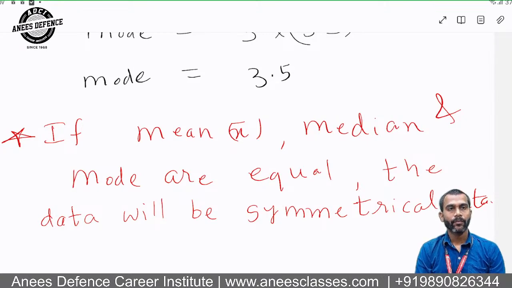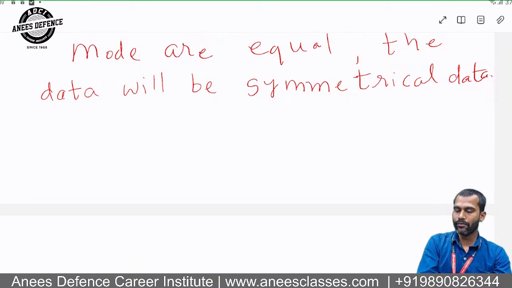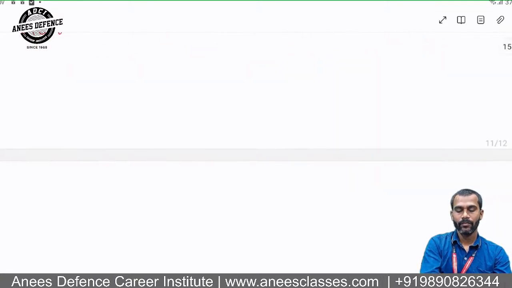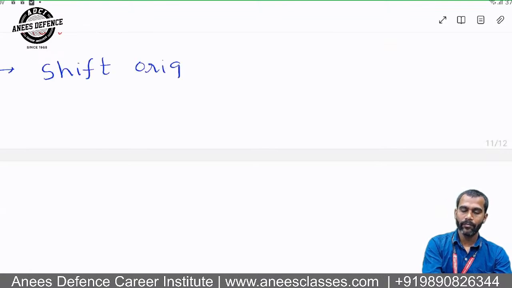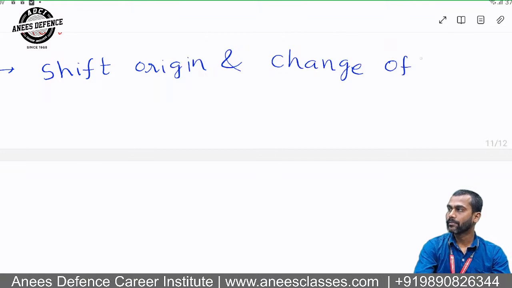Tell me, measures of central tendency. Let us discuss shift of origin and change of scale for mean, median, and mode. See, what is the meaning of shift of origin? Tell me, anyone. So give the heading: shift of origin and change of scale.